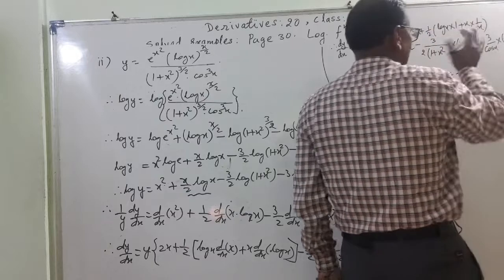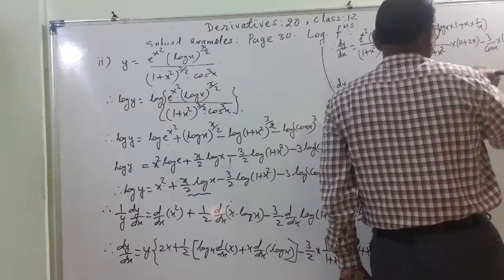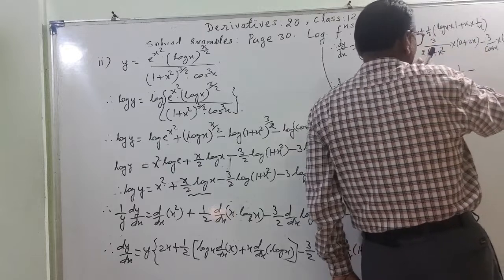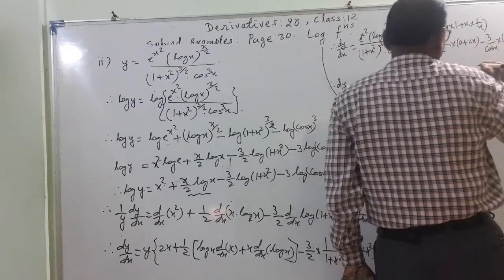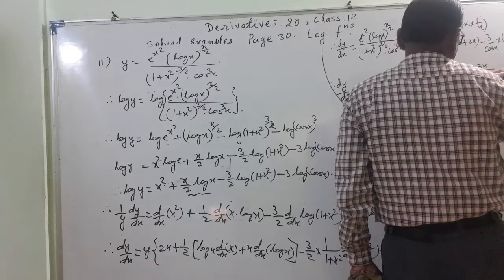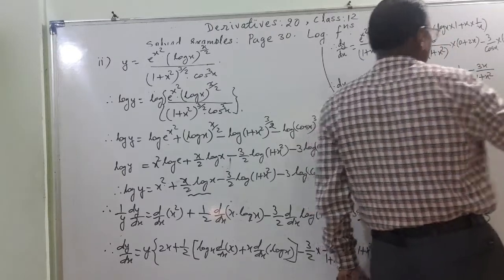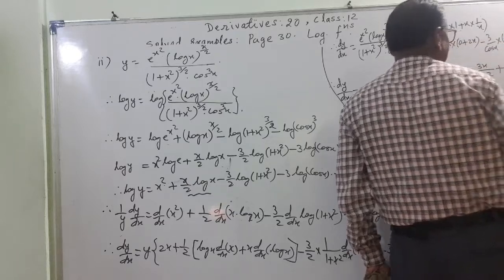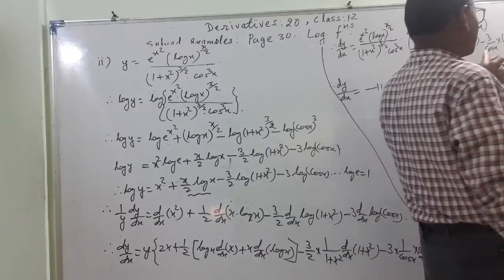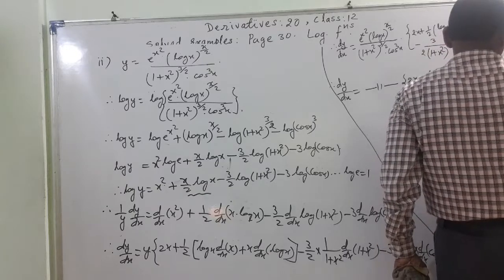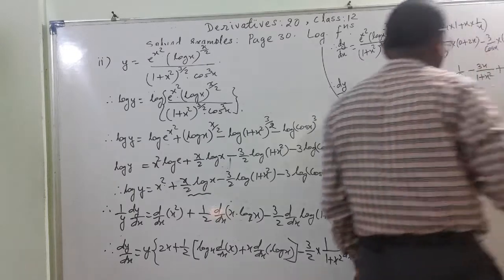So this much part I have open minus. This 2x and this 2 will get cancelled. So it will remain 3x upon 1 plus x square minus. This minus and this minus will become plus. Sin upon cos is tan. So 3 tan x. And this is your final answer.